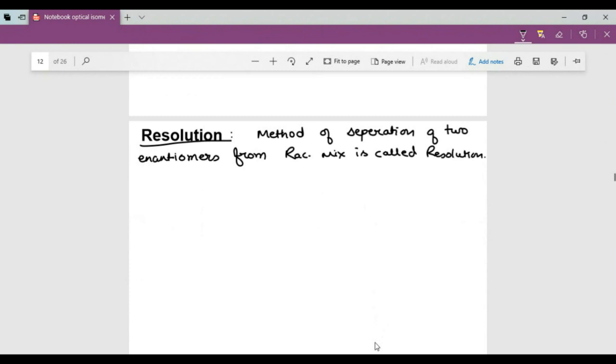Now it is very tough because they have no difference. How will you separate them? They have similar chemical and similar physical properties.